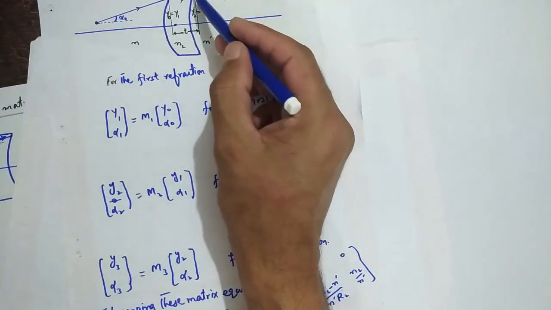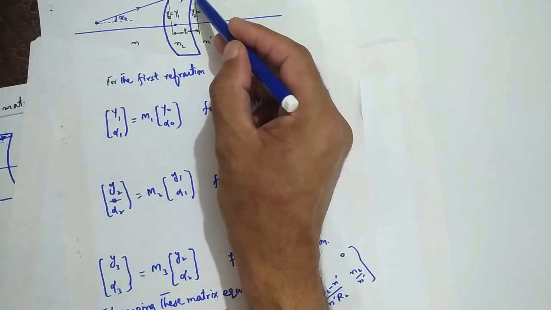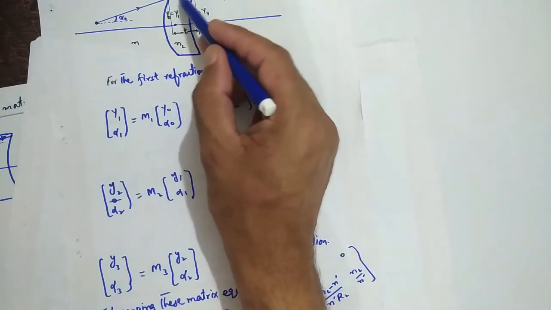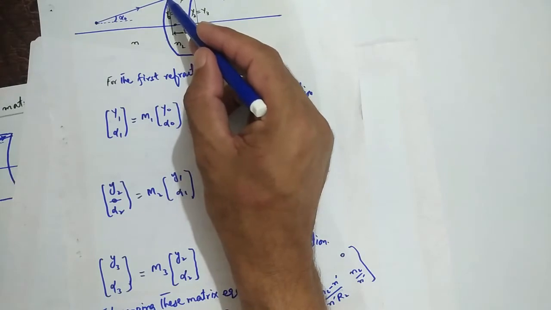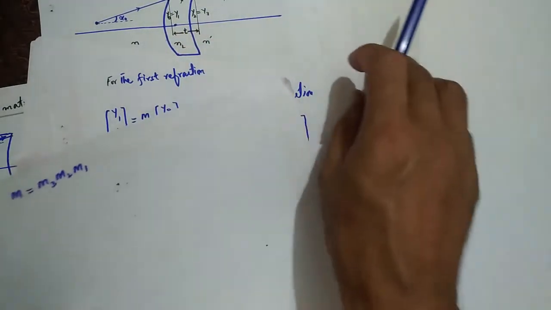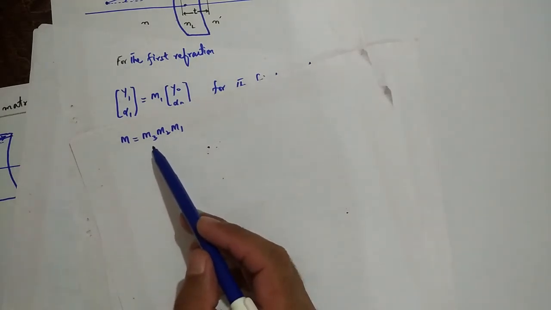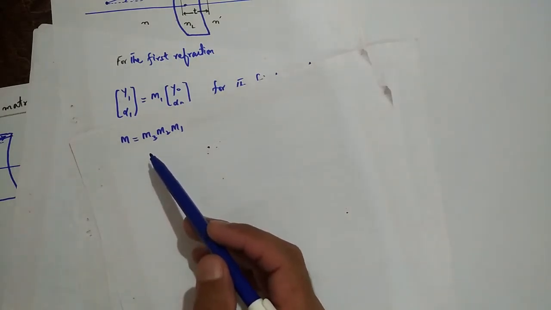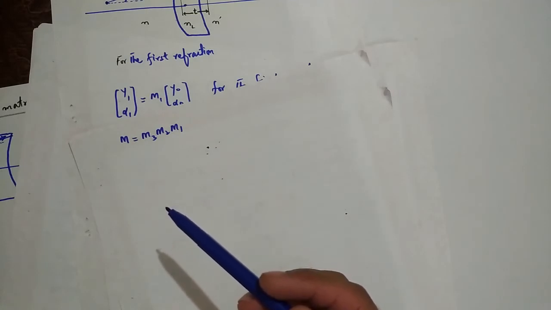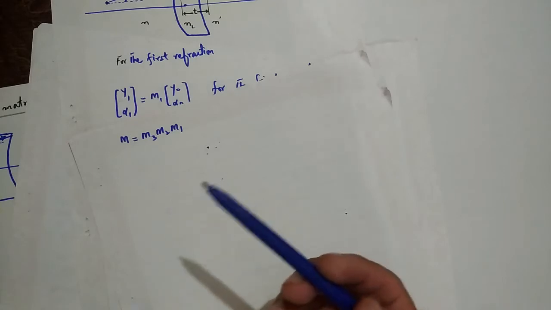Here the matrix for this one is M3, for the translation is M2, and for this refraction is M1. So we have to write the backward or descending order of the matrices for the multiplication. We shouldn't write M1, M2, M3, as that will change our result. The individual matrices operate on the light ray in the same order in which the corresponding optical actions influence the light ray as it traverses the system.